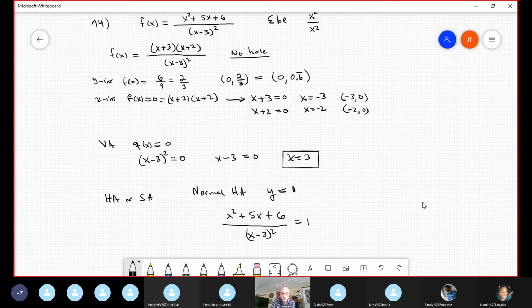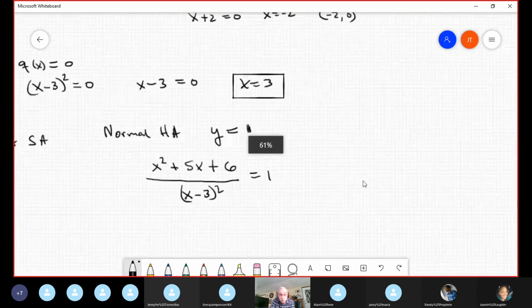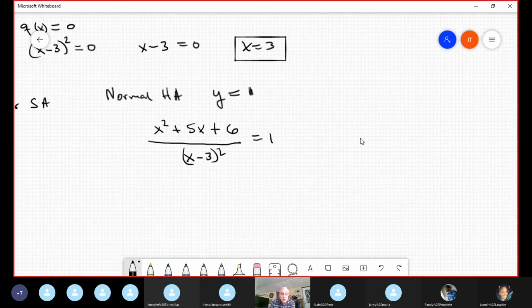You enforce it. Surprise, maybe we have a solution or maybe we have no solution. It's equivalent to x squared plus 5x plus 6 equals (x minus 3) squared.